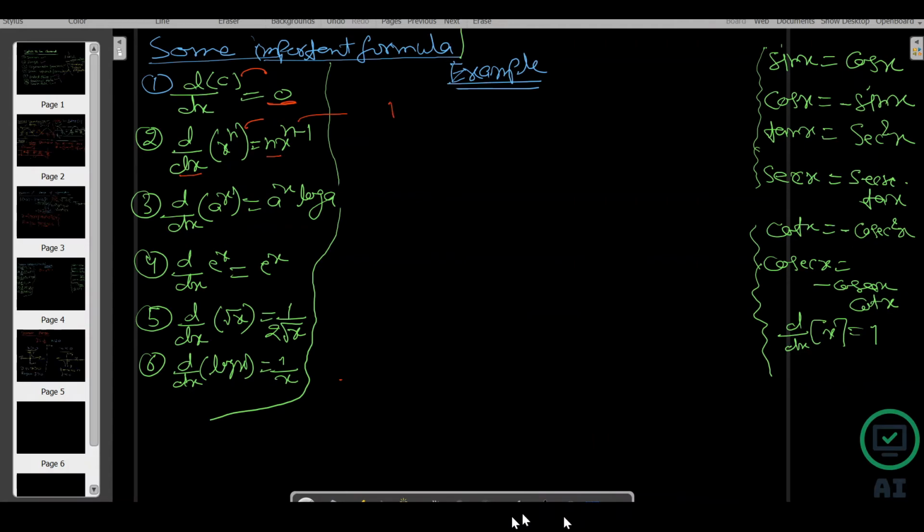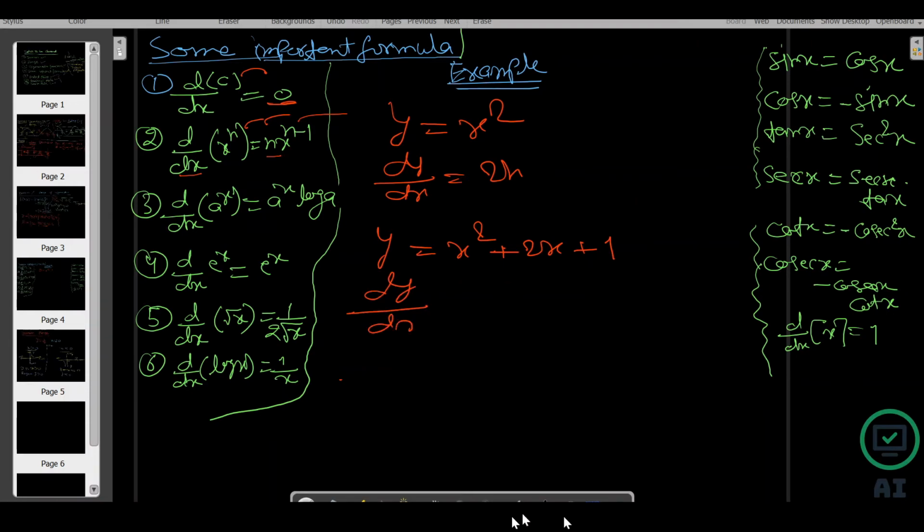So let's take this example, y equal to x square. We will apply this formula. So dy by dx equals 2x. Another example, if you take y equal to x square plus 2x plus 1, and differentiate it with respect to x, it is x power n, so you just apply this formula, so it is 2x.